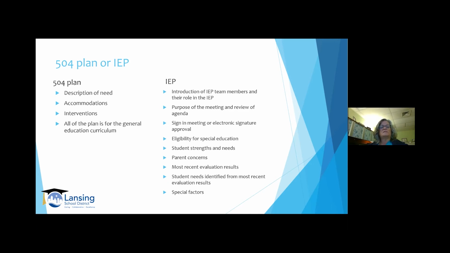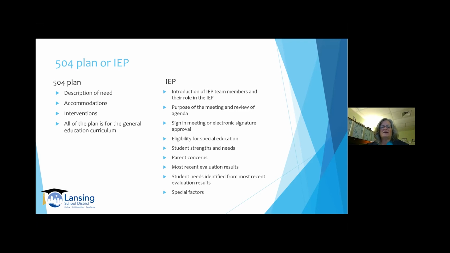And there are specific avenues for doing so, but hopefully we could resolve those issues before we would need to seek any kind of outside assistance, because we want to work together with our parents and our families to make sure that our students are successful.